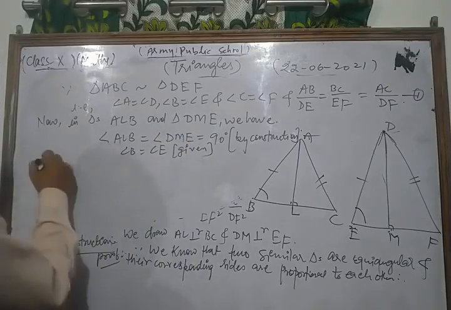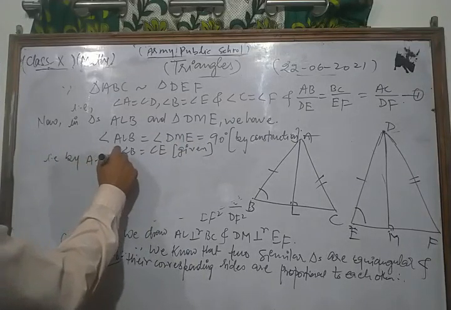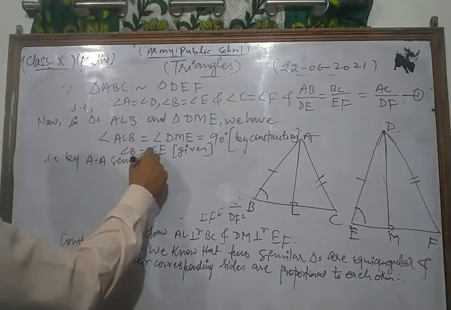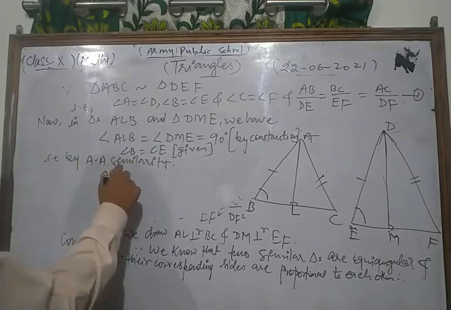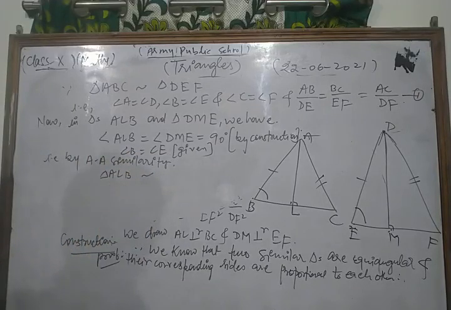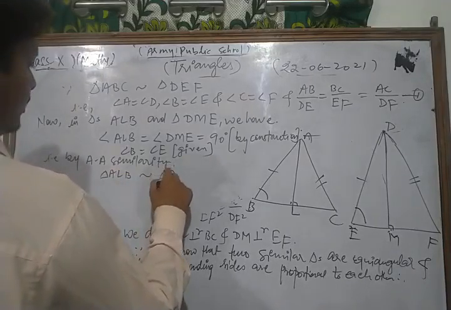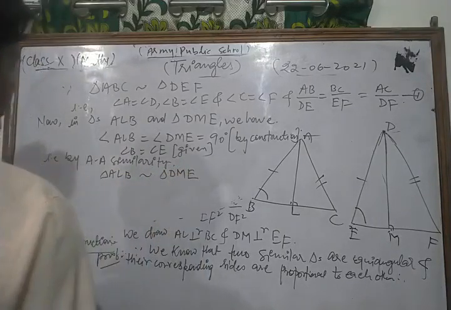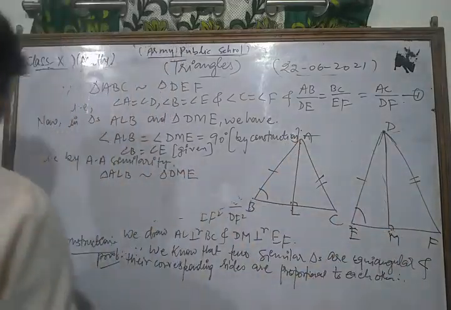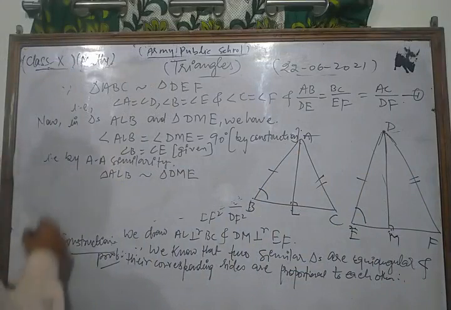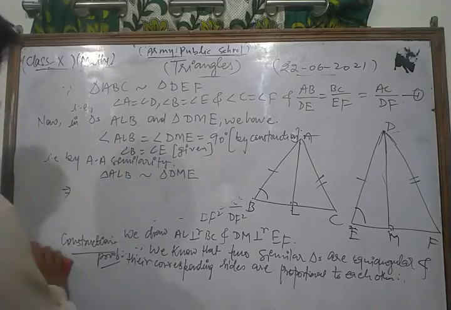That is, by AA similarity, triangle ALB is similar to triangle DME. Okay, triangle ALB is similar to triangle DME. That is, by the concept of similarity, we have what? Let's see.